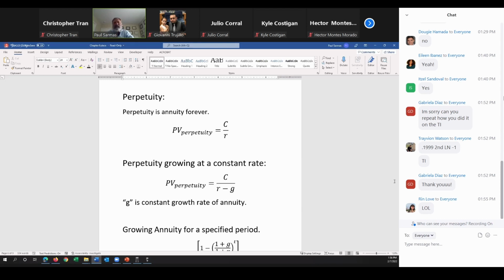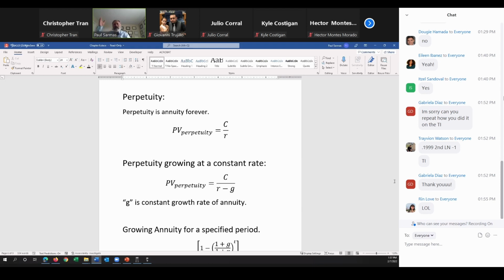You can still calculate the present value, though you don't have a flat annuity anymore. You realize that? So in year one, you receive $100. If the growth rate is 10%, in year two, it will be $110. In year three, it will be $121, then $133.10, and that goes on.